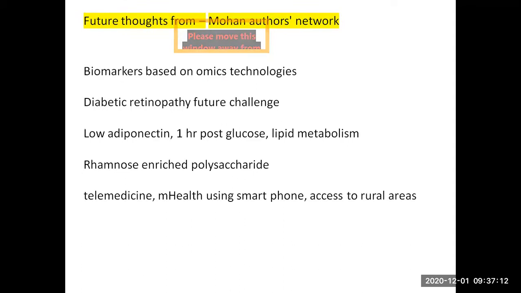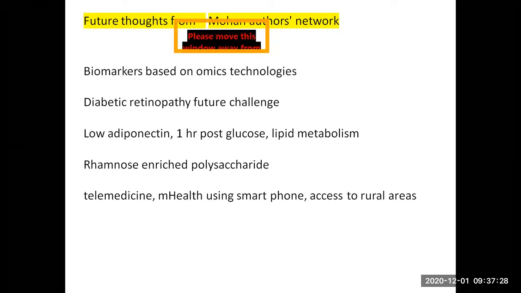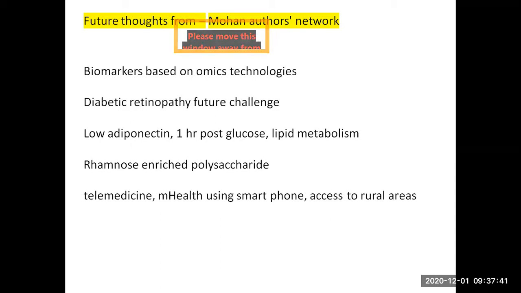If we look at the Mohan Authors Network, they are also looking at controlling the disease, but the focus is on biomarkers based on omics technologies, diabetic retinopathy, which is common between both the groups. In fact, the world over is thinking about it, and low adiponectin, which is different from the Zimet Authors Network's focus. 1 hour post glucose measurements, lipid metabolism, a bit of commonality is there.